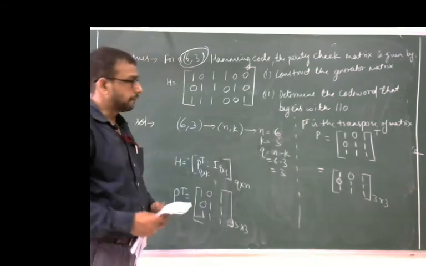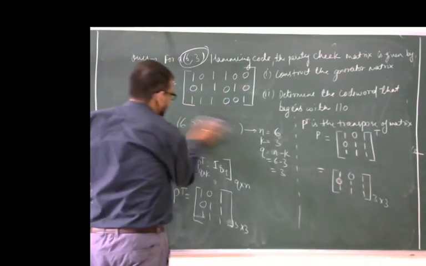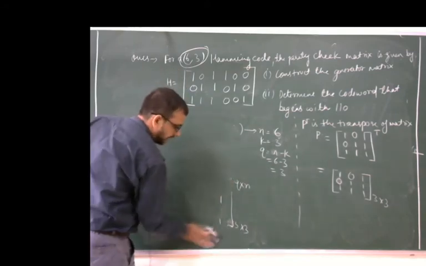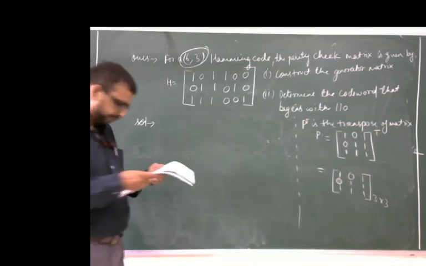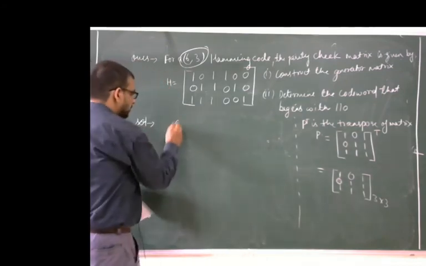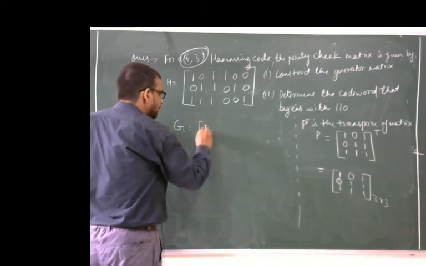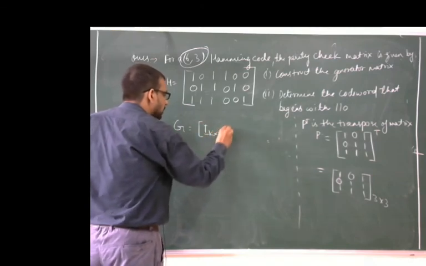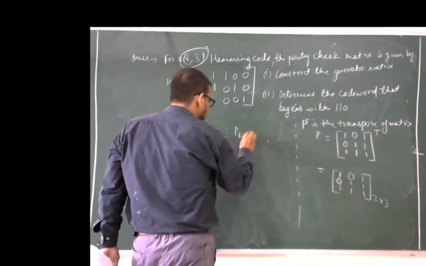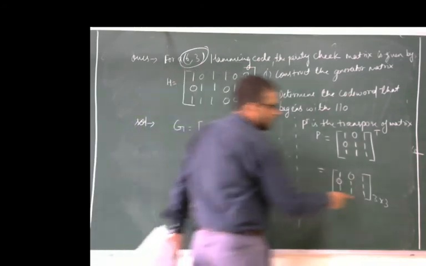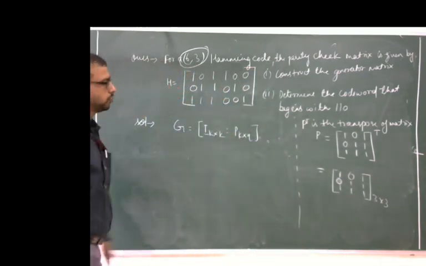Then what will be the generator matrix? As we know, the generator matrix is given by the standard format, G is equal to [I_k (k cross k) ; P (k cross q)]. Here k is 3 and q is also 3.